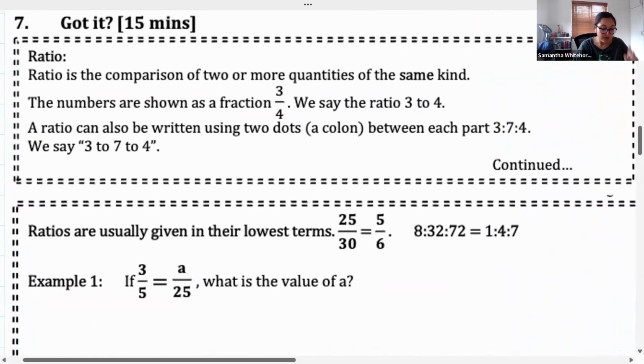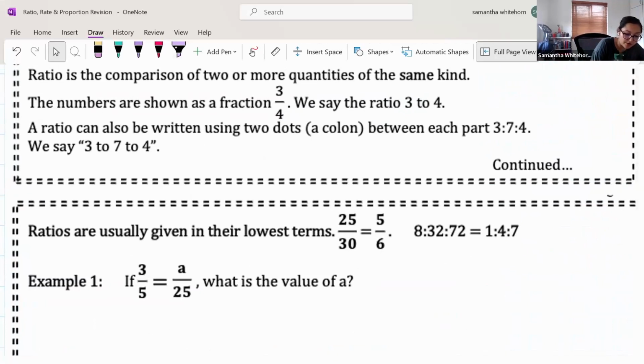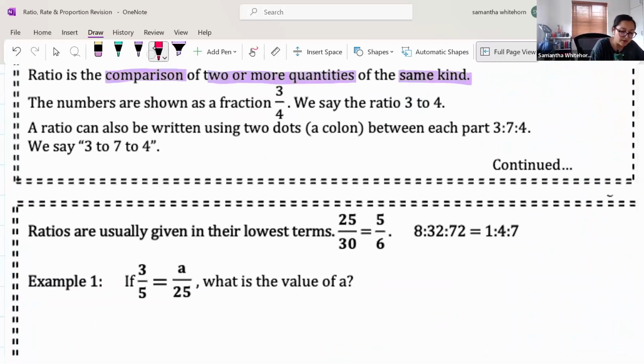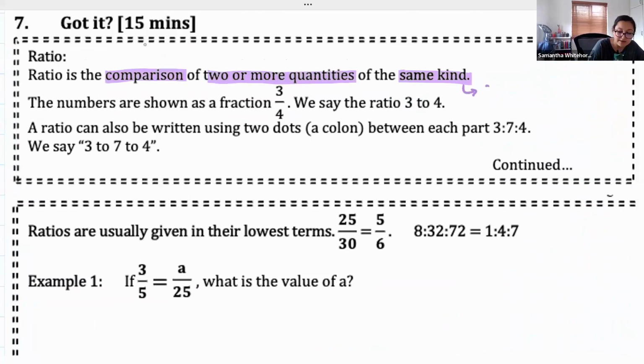So remember I said right at the start that a ratio is when we are comparing two or more quantities of the same kind. Now, when I say same kind, remember what I meant there was it's the same unit.